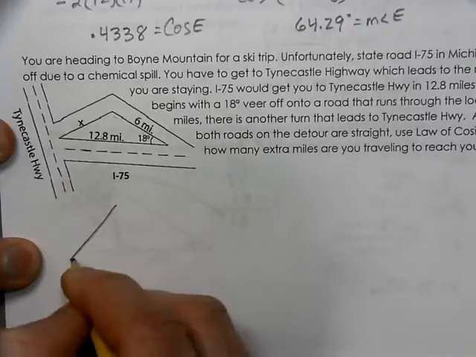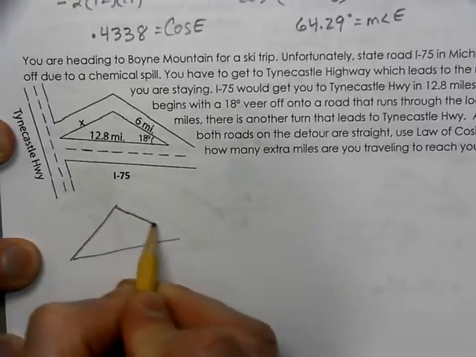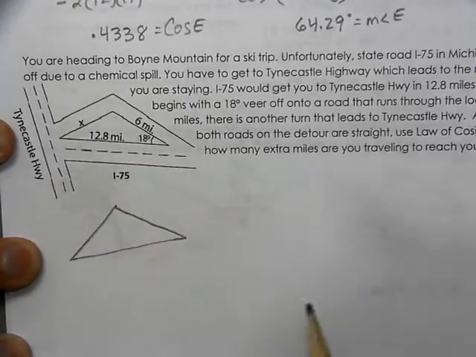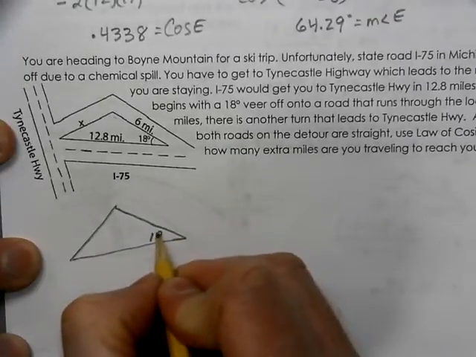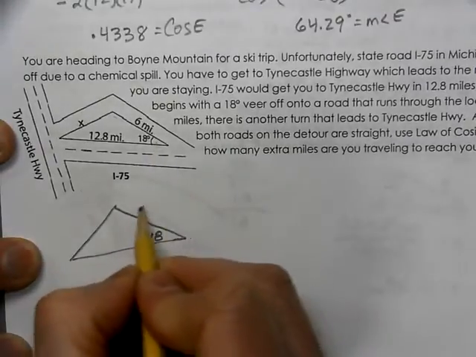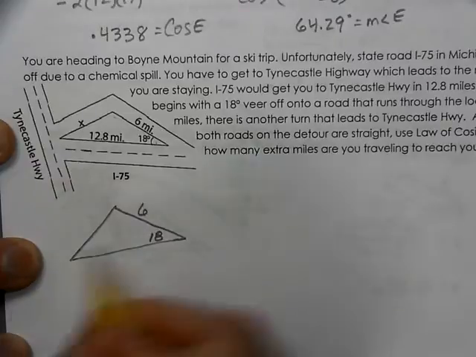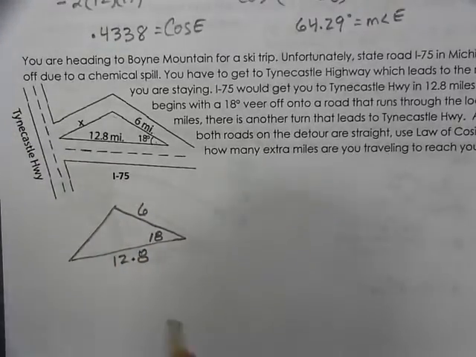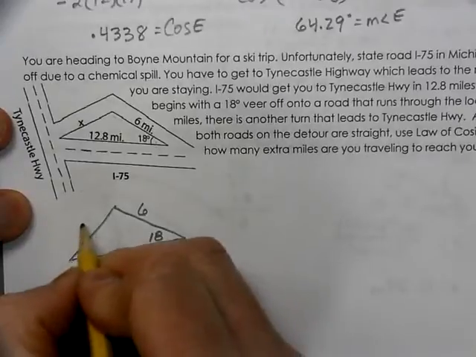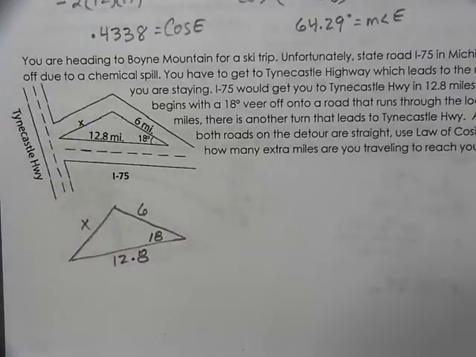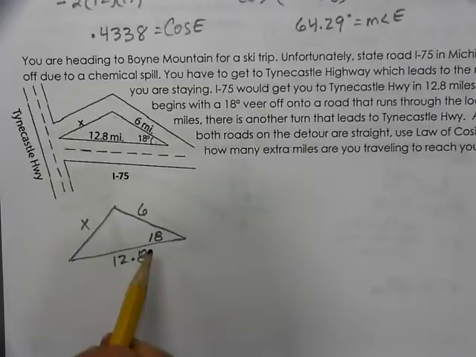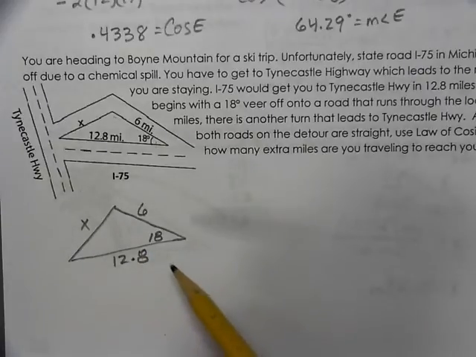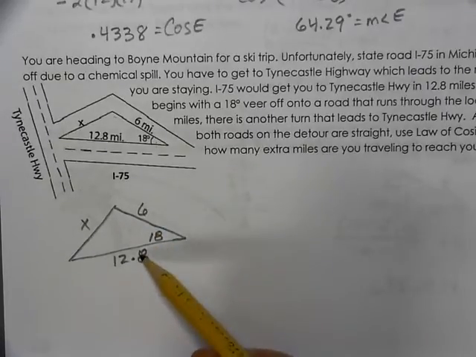So the triangle, if you're having troubles reading it here in the picture, we have an 18-degree angle here in the corner, 6 on one side, 12.8 on the other, and we're trying to figure out this side. We'll call it X. So here, notice that we have side angle side.